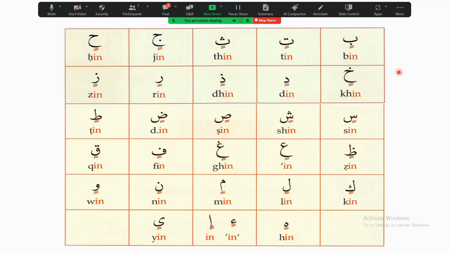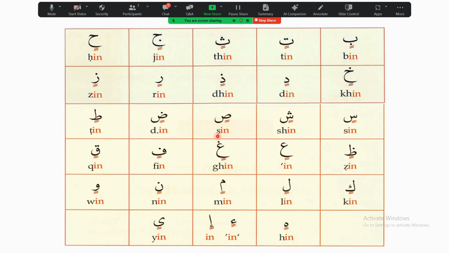The next one, scratchy in this, khin. The next is din. The soft one, din, rin, zin, sin, shin, sin, slin. Okay, so this is going to be heavy, sad.